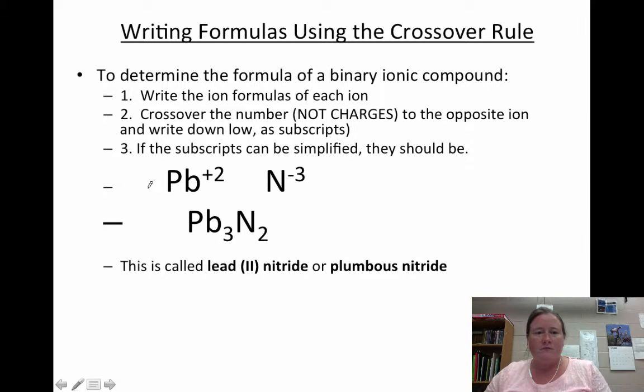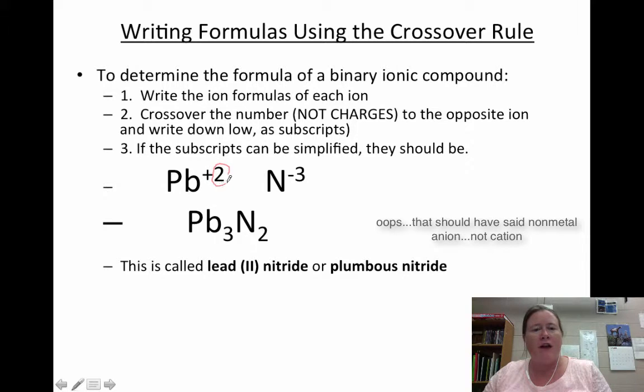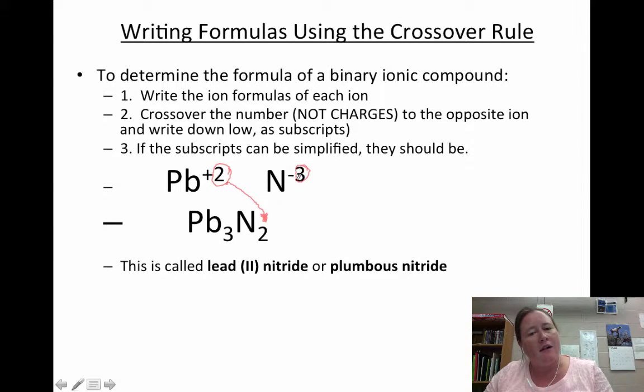Then we take the absolute value of the charge on the cation, and that number is going to become a subscript down low in front of the anion. And we take the absolute value of the charge on the anion, and that's going to become a subscript, which is written down low, in front of the cation.